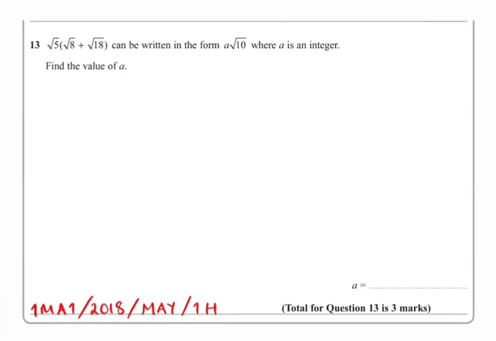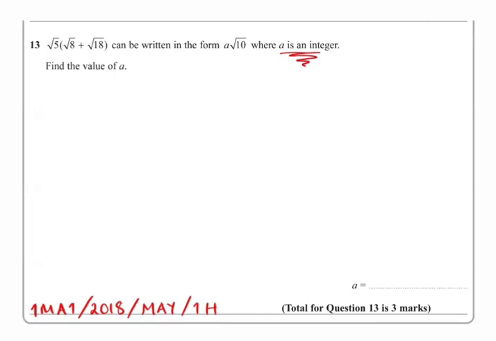Okay, going through the question together, we are supposed to change this to this form, or rewrite that whole expression to the simplest form, which is a multiplied by root 10. And observing the conditions here, a must be an integer.